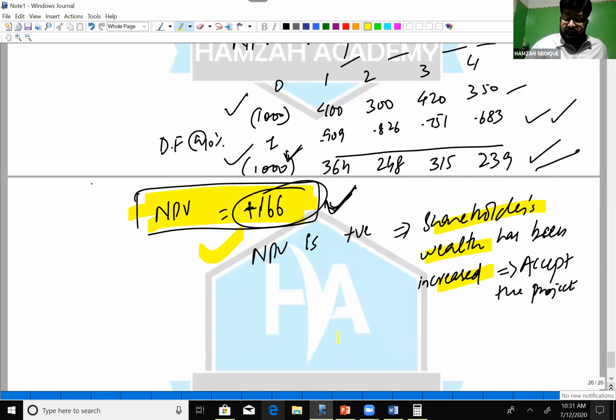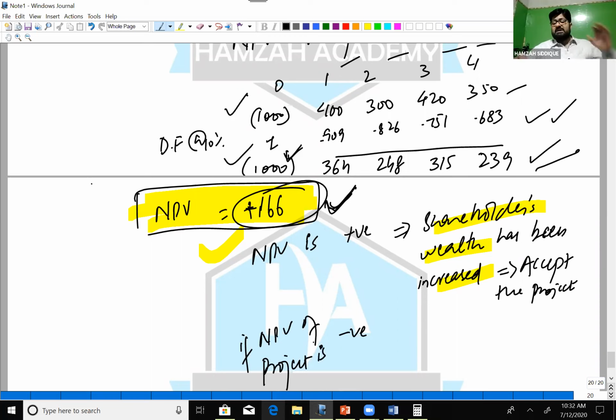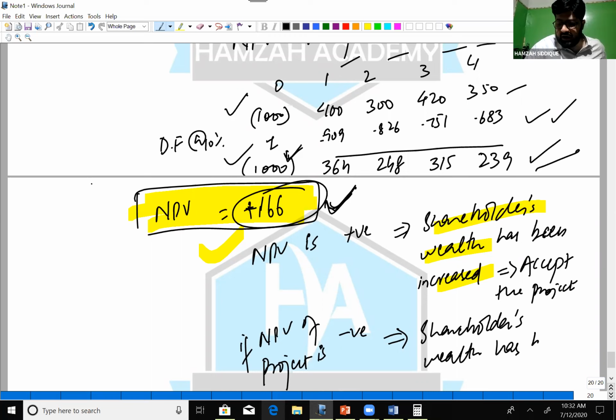Now students, if the NPV of a project is negative, it means that it is a loss. The project is causing loss to the shareholders' wealth, that is, shareholders' wealth has been decreased.